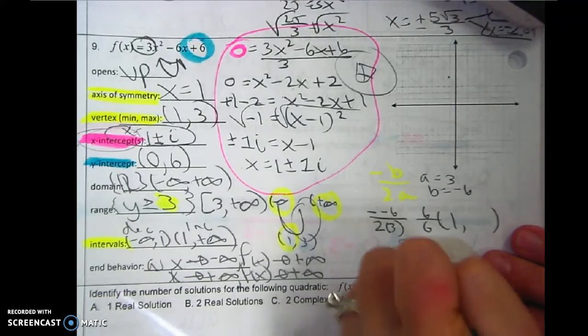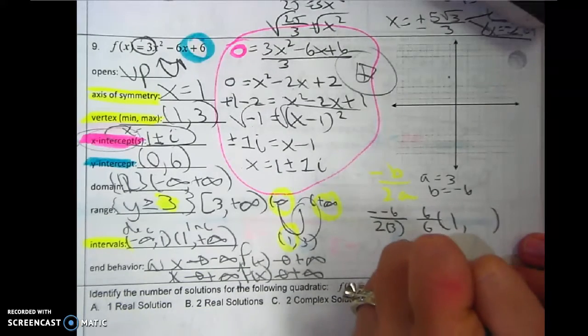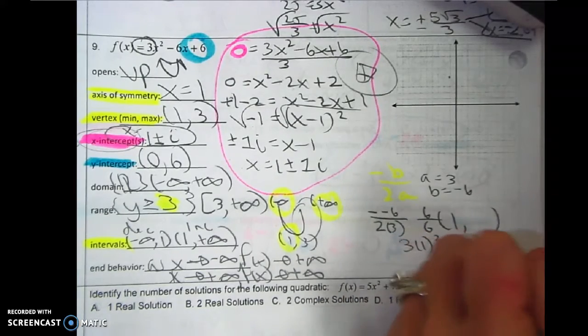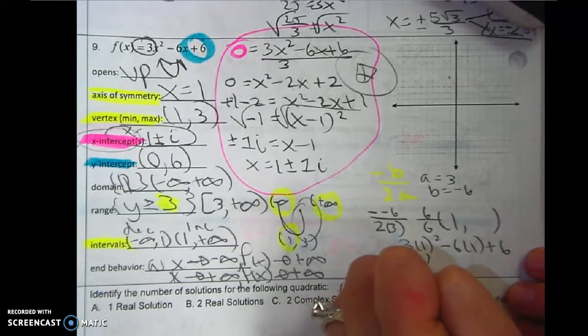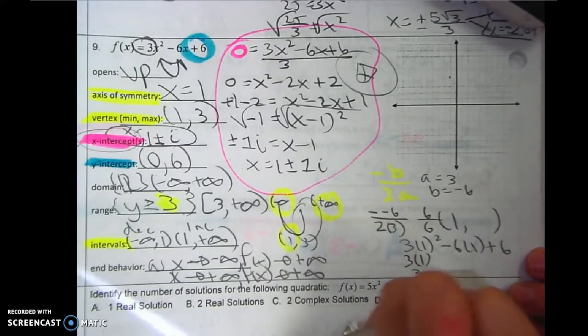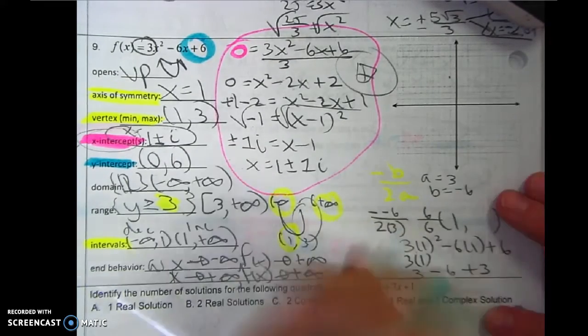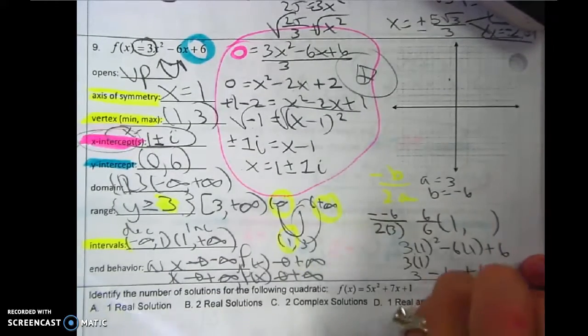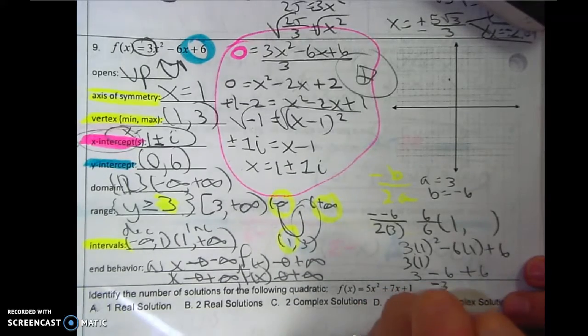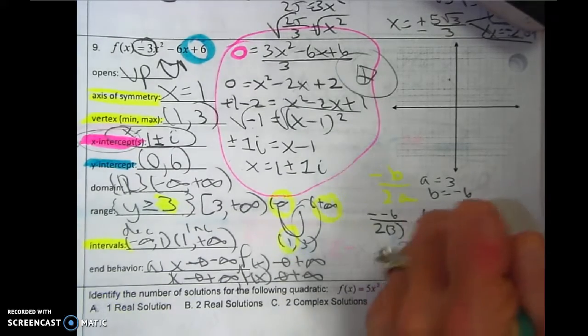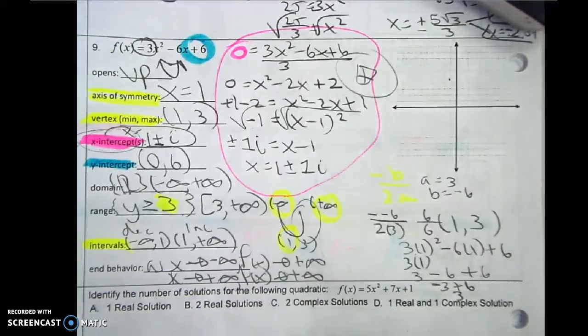Now I'm going to show that I can get the 3. So 1 squared is 1, times 3 is 3. 6 times 1 is 6. 3 minus 6 is negative 3, plus 6 gets me the 3. Now I've shown all my work.